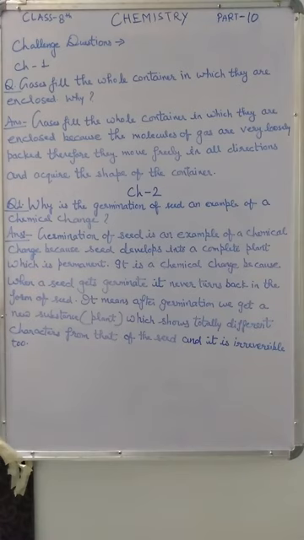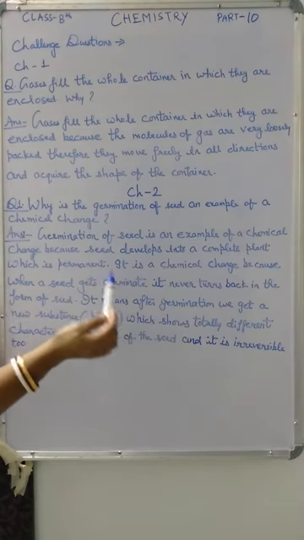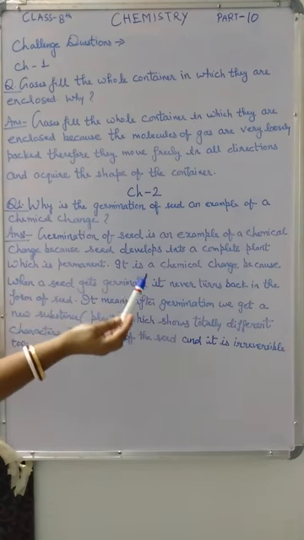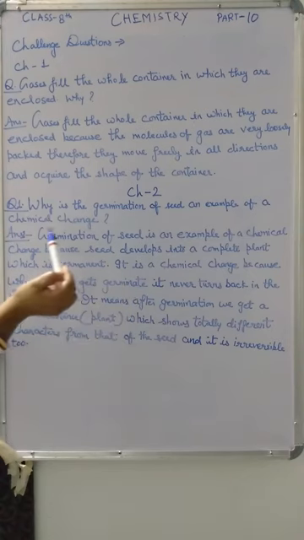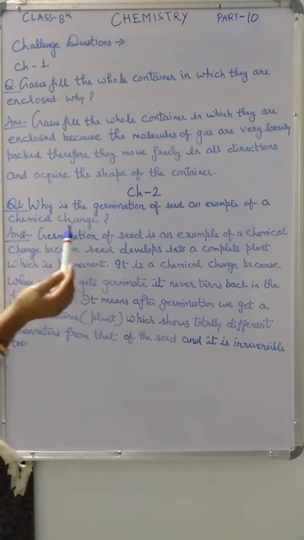The characteristic features of the plant are totally different from the seed. So we are getting a new substance, that is why it is a chemical change, and that new plant we cannot change into seed again, so it is an irreversible change also. So that is why germination of seed is an example of a chemical change.